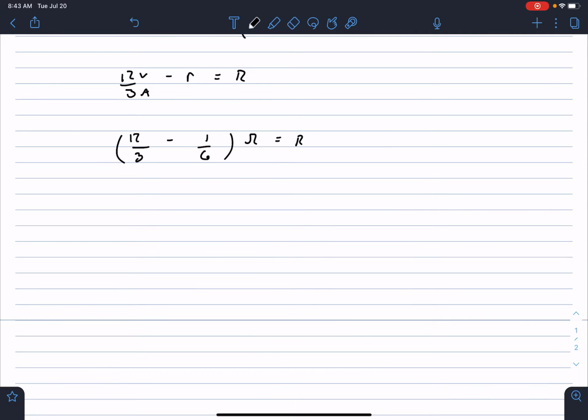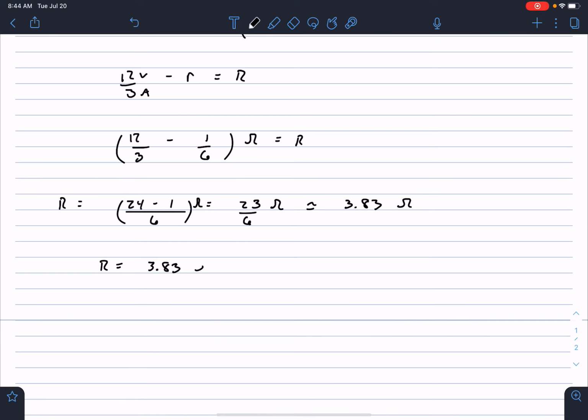So we solve this. 24 minus 1 over 6 is equal to 23 over 6. This is in ohms, and this gives us a value of around 3.83 ohms. That's the load resistance. So R is equal to 3.83 ohms. That's what I found.